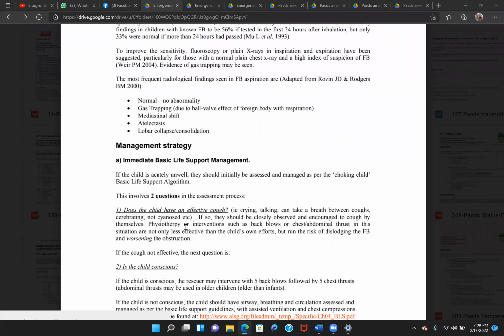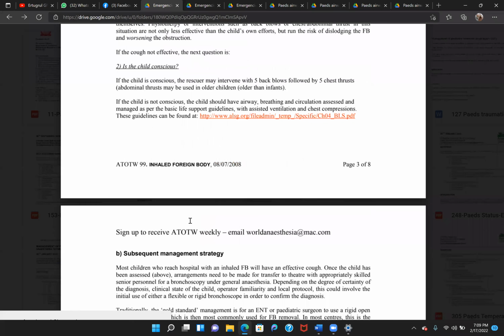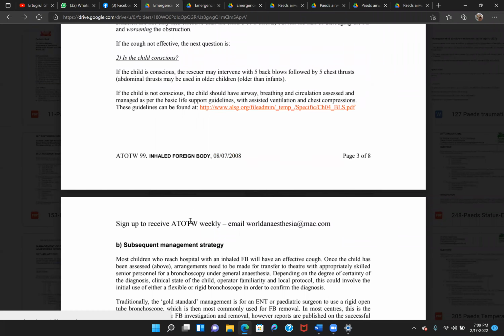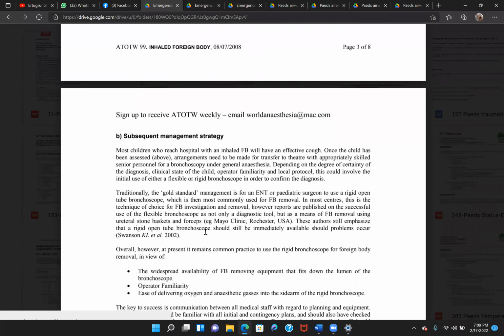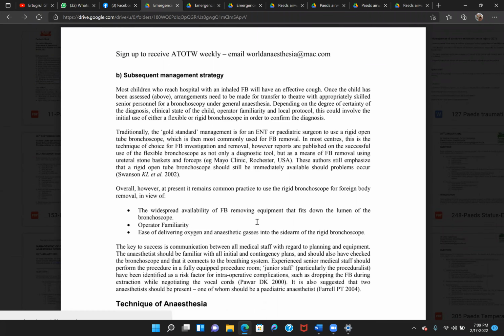So these will be the questions: whether the baby is able to cough or not, the consciousness, and the severity of the obstruction. Okay. So these are the things which I was just discussing. Gold management is to use a rigid open tube bronchoscope. Through the side of that, you can attach the breathing circuit as well.